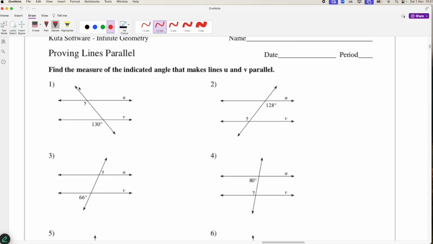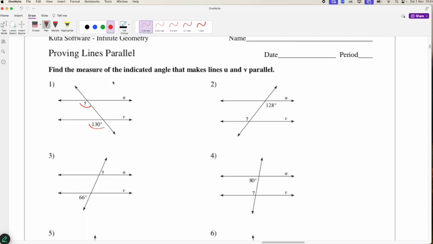Jediah, what kind of angles are these? No, they are not alternate, but nice try. Anybody, what kind of angles are these? Corresponding angles.